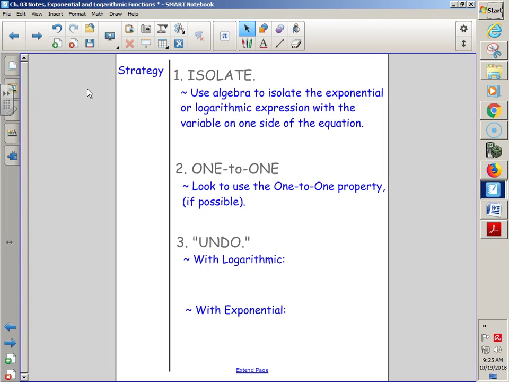You want to target in on him. So to target in on him, we're going to use algebra, maybe adding things to the other side, maybe multiplying or dividing things to the other side. We're going to try to isolate the x as much as possible, but if he is trapped in an exponential or a logarithmic, isolating means isolating not just him, but whatever expression he's in.